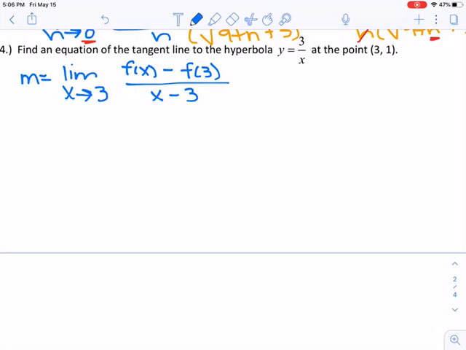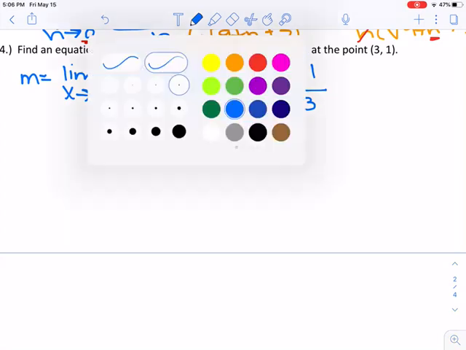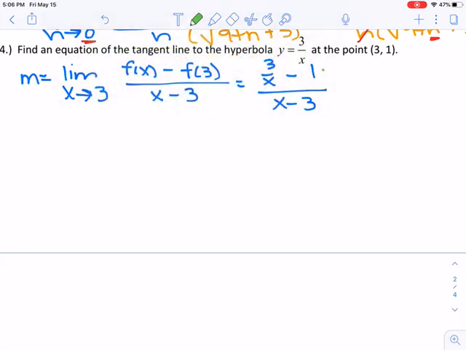So if I take my f of x, that's going to be 3 over x minus, plug 3 in for your x, 3 over 3 is 1, all over x minus 3. In the numerator, we need to create one fraction, so I'm going to multiply top and bottom by x over x, and that's going to give me 3 minus x over x all over x minus 3 over 1.